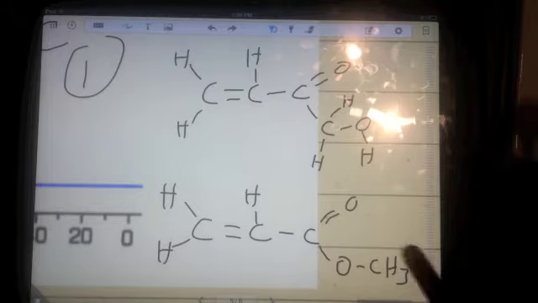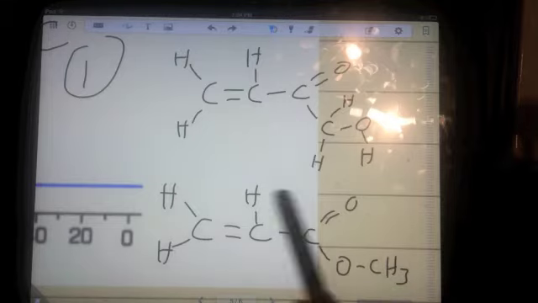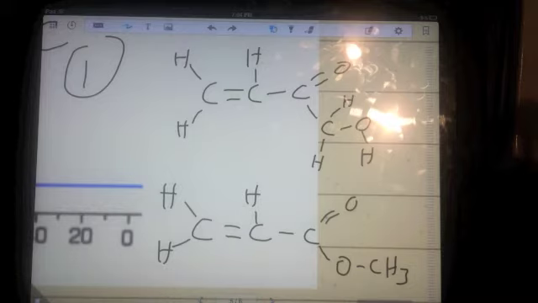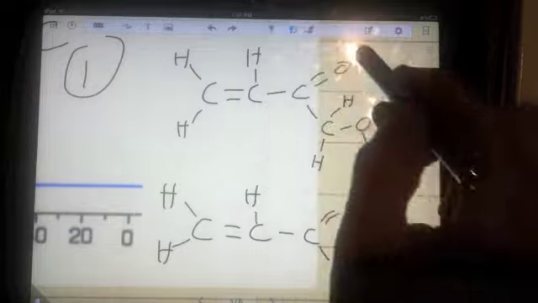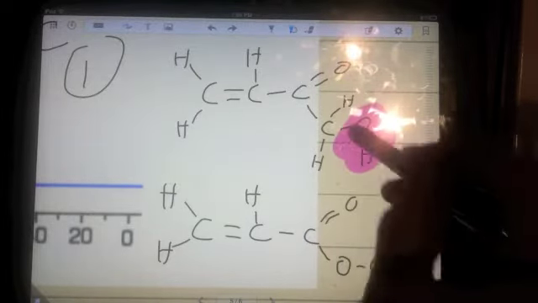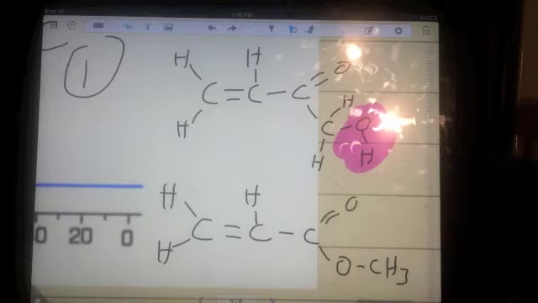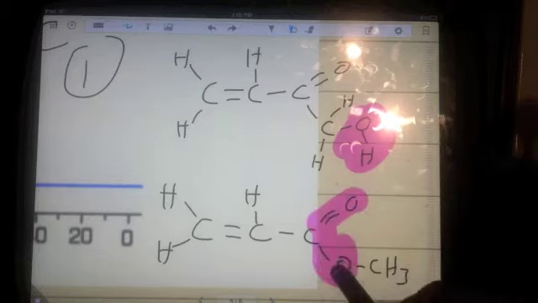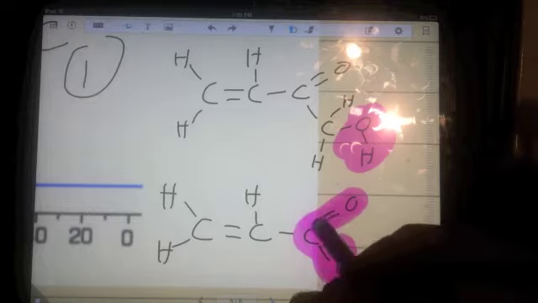What we end up with is exactly the same number of atoms that we need. So it's the same molecular formula, but what we see is a difference in functional groups. Here, what we've got is an alcohol group or an aldehyde group. And here, this functional group is an ester.